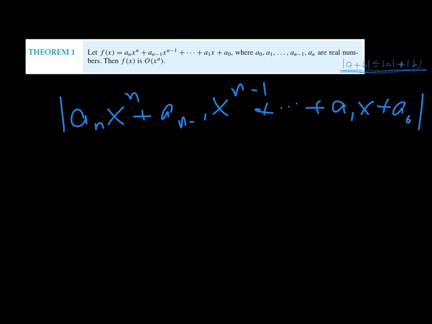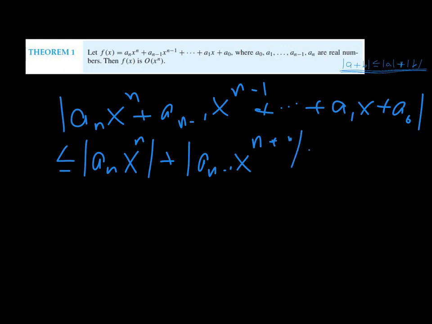So we'll apply the triangle inequality n plus 1 times. So this expression is going to be less than or equal to absolute a_n x^n plus absolute a_(n-1) x^(n-1), so on and so forth until we get absolute a_1 x plus absolute a_0.